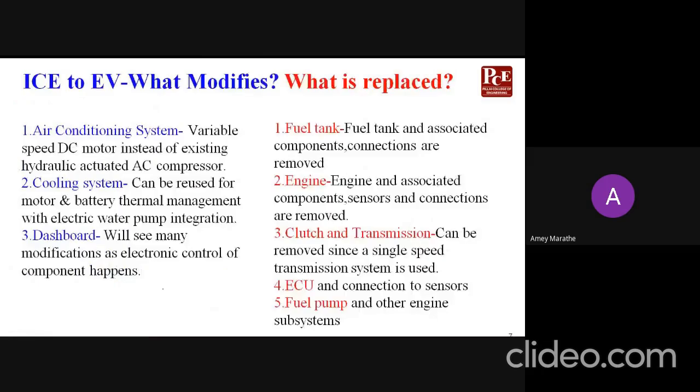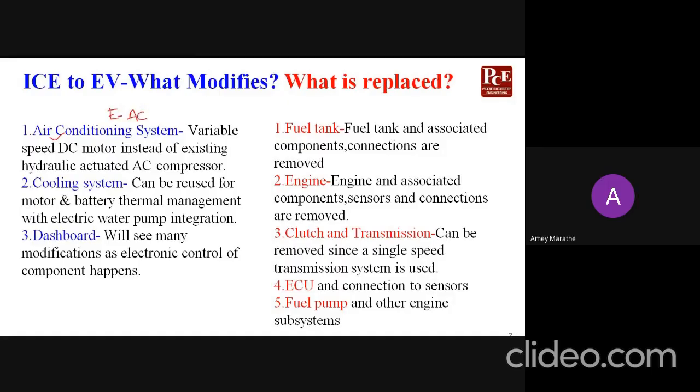In the next slide, the left side talks about what is modified, and the right side talks about what is replaced. What is modified? Your AC, air conditioning system. In an IC engine, you use the power of the engine to run the AC. Now that can be changed to an electric air conditioner, EAC.